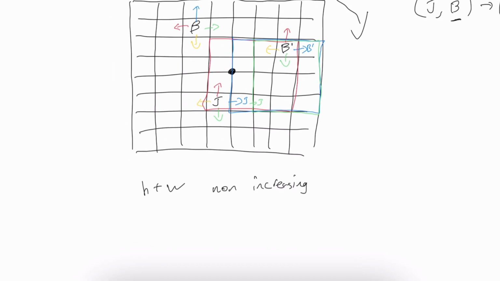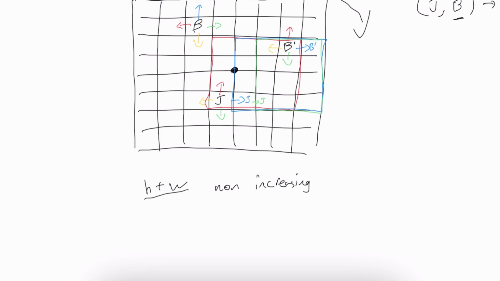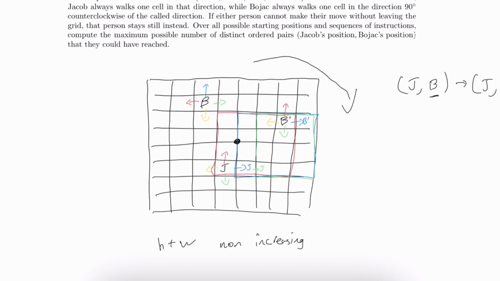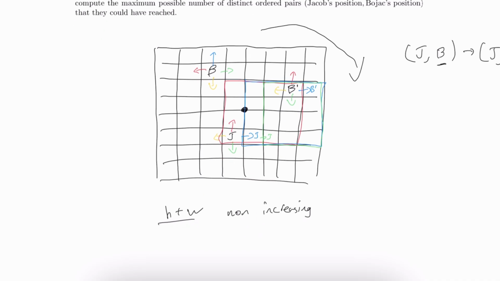And given such a quantity, in this case we have 4 by 4 for the red box. What is the total number of distinct ordered pairs that J and B prime could have, again, given a fixed half perimeter of a rectangle?